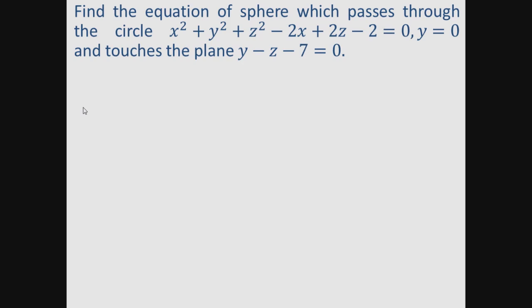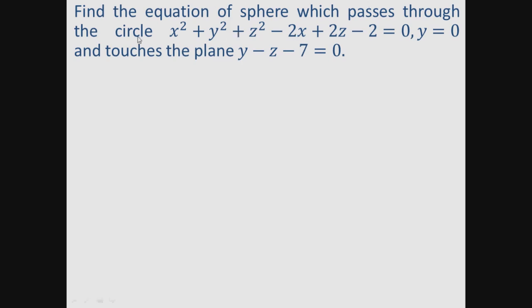Here are some examples on it. Find the equation of the sphere which passes through the circle x square plus y square plus z square minus 2x plus 2z minus 2 equal to 0, comma y equal to 0, and touches the plane y minus z minus 7 equal to 0. Now here we want a sphere which passes through this circle.